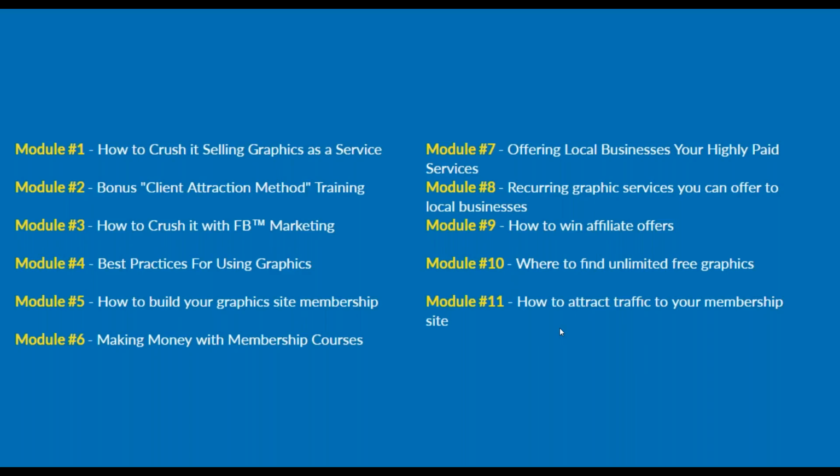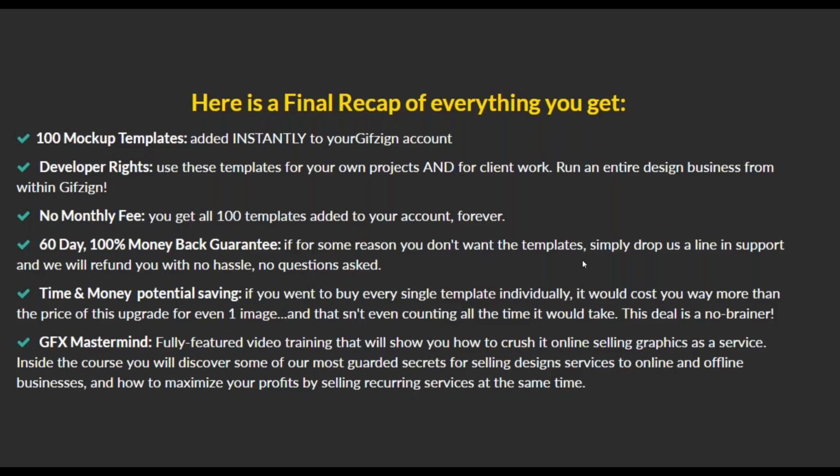The first module is how to crush it in selling graphics as a service, the client attraction method training, how to crush it at Facebook marketing, the best practices for using graphics, how to build your graphic site membership, making money with membership courses, offering local businesses highly paid services, recurring graphic services you can offer to local businesses, how to win affiliate offers, where to find unlimited free graphics, and of course, how to attract free traffic to your membership site. All 11 modules of the training are included for free.